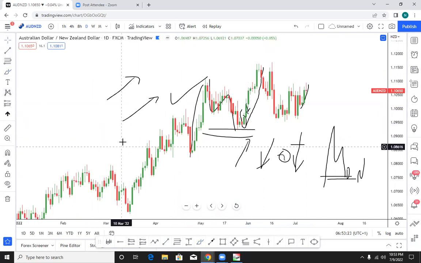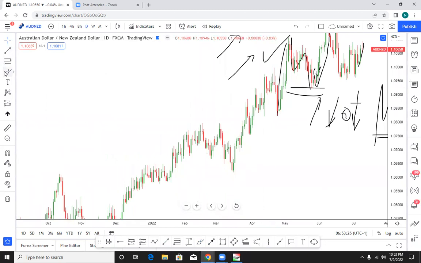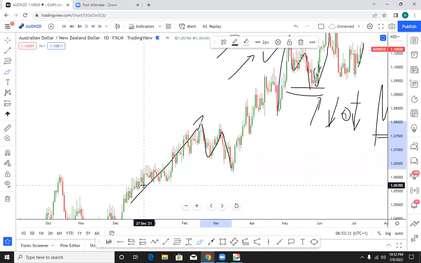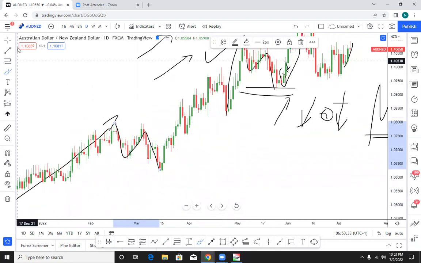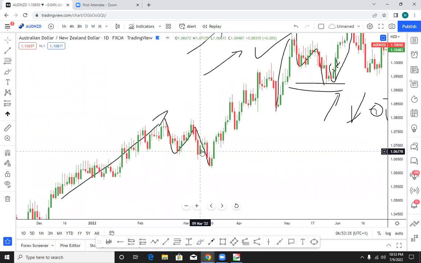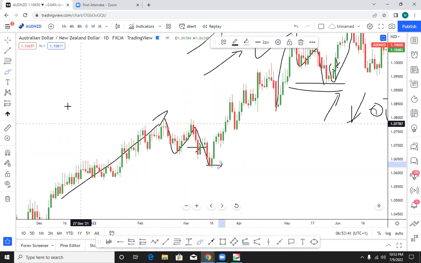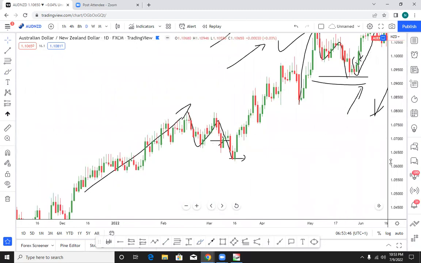For instance, let me show you another one, guys. You see this move? You see the whole of this move to the upside? My daily chart is telling me I have a corrective structure here. And somebody will ask, after this corrective structure, why don't you consider taking the trade here? Why do you have to wait to this level to confirm that the correction is over? Let me now show you.